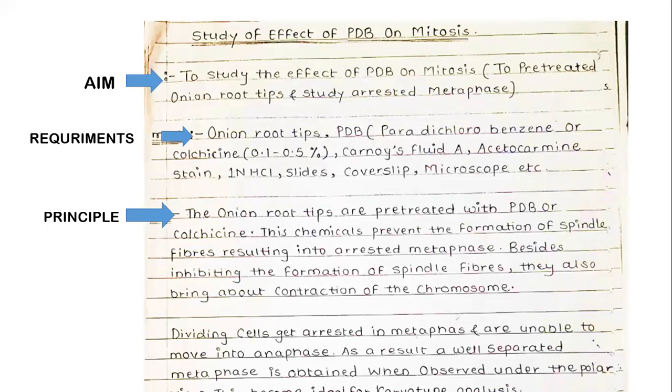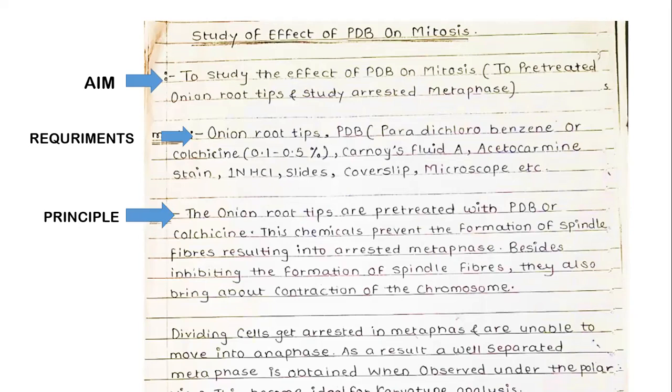So, what is the principle? When you fix the onion root tips in PDB or colchicine, normally, what are the stages of mitosis? You have prophase, metaphase, anaphase, and telophase, followed by cytokinesis. During the metaphase substage of mitosis, the spindle fibers appear and chromosomes are arranged on the spindle fibers.